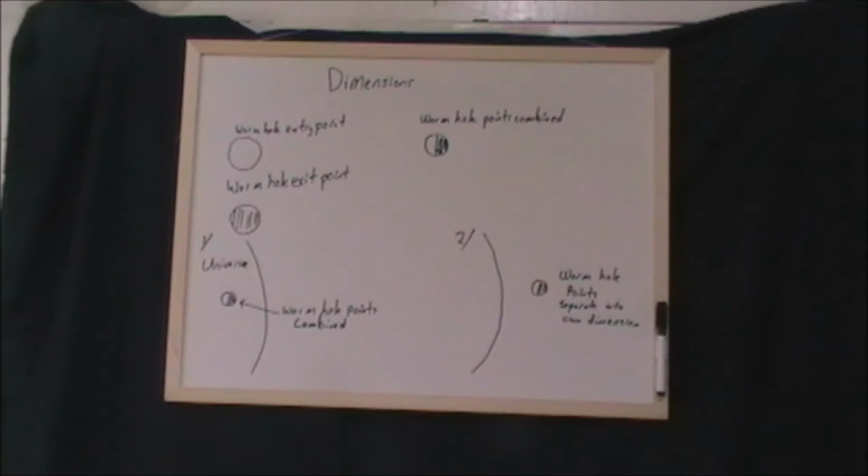The universe that we are in now is a dimension. If you want to know the order of dimensions that there are, it is the following. This universe is a dimension.